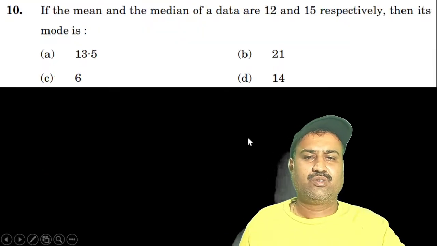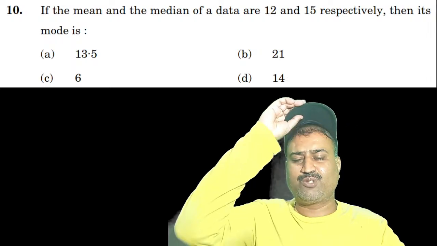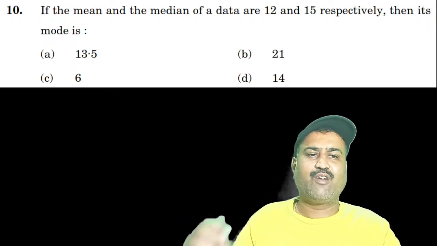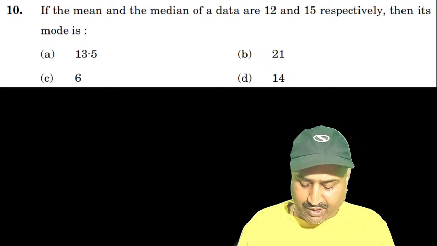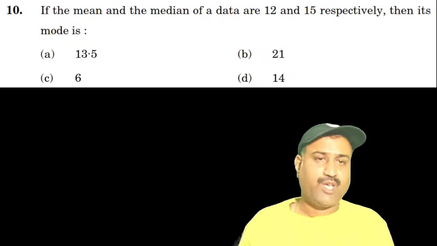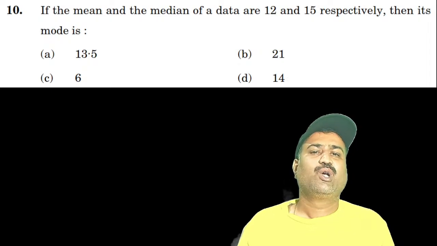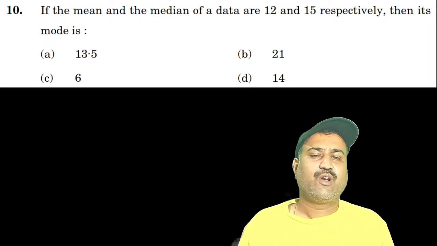Next question. This is a straightforward question from statistics here. If the mean and median of a data are 12 and 15 centimeter, then we have to find the mode here.